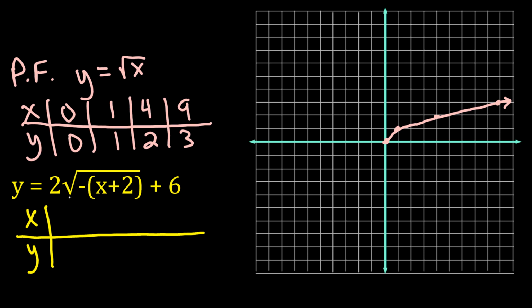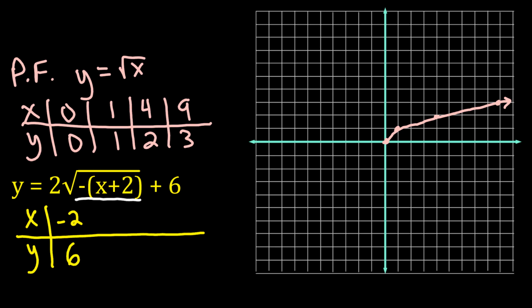What we want to do to start is find something that's going to make the inside, or under the square root, equal to 0. So I'm going to start with x equaling -2. If we put -2 in there, -2 plus 2 is 0, negative 0 is 0, square root of that 0, times 2 is 0, plus 6 is 6.